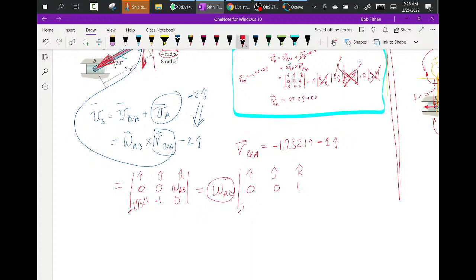And then you can put in minus 1.7321, minus 1, and 0. Now, in here, I have only numbers.